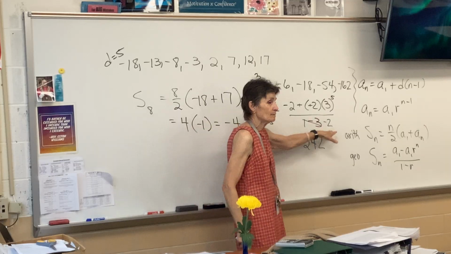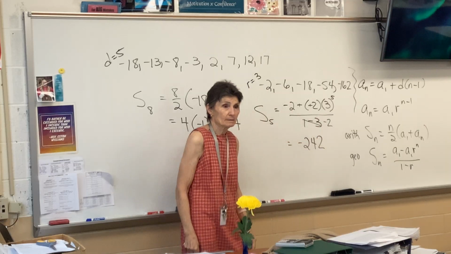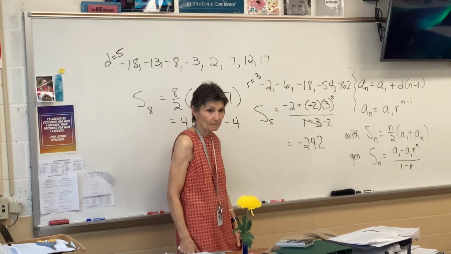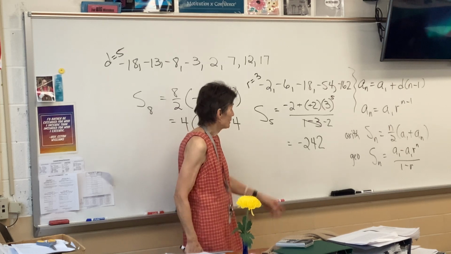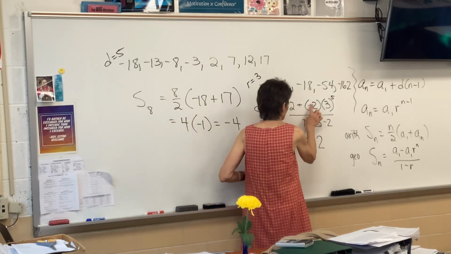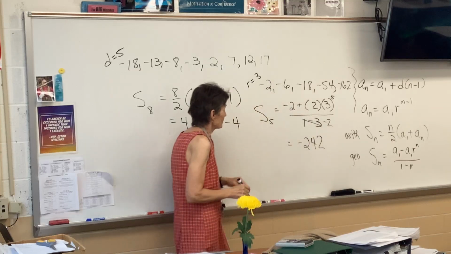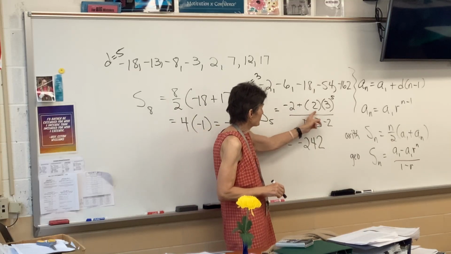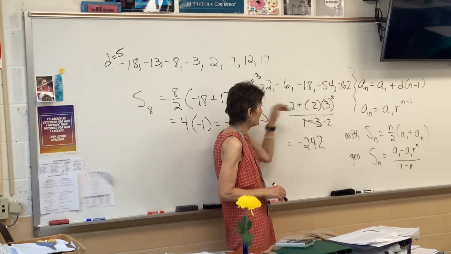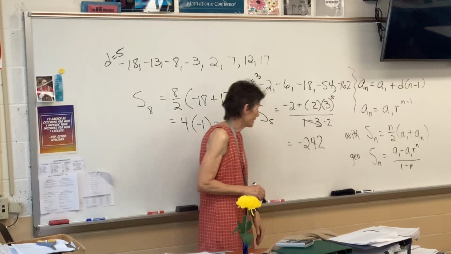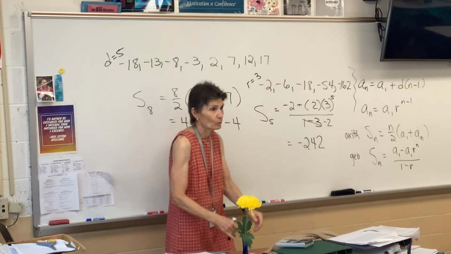And then divided by, in this case, -2. You don't need that plus. So -2 plus 2 times 3 to the 5th equals divided by -2. Everybody getting -242?